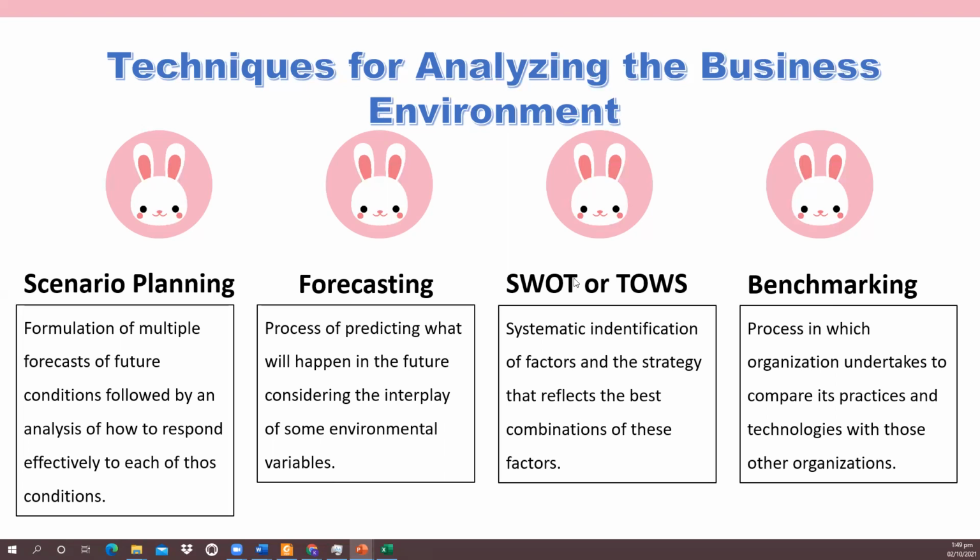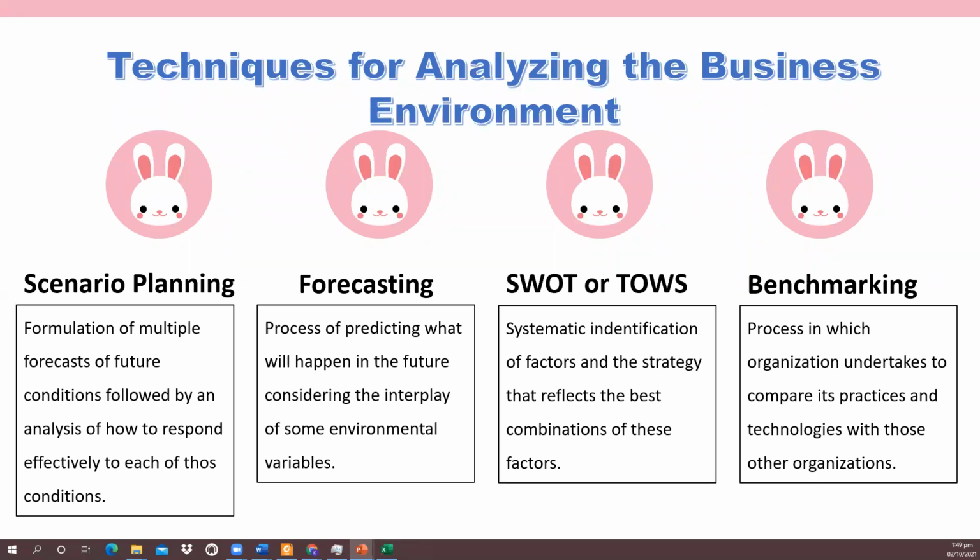Okay? Yung SWOT and TOWS naman, I think we already know what is SWOT. SWOT is strengths, weaknesses, opportunities, and threats. Pwede rin siyang baliktarin like TOWS: threats, opportunities, weaknesses, and strengths. When we say strengths and weaknesses, it talks about the internal environment, while the opportunities and threats, we can see in the external environment.